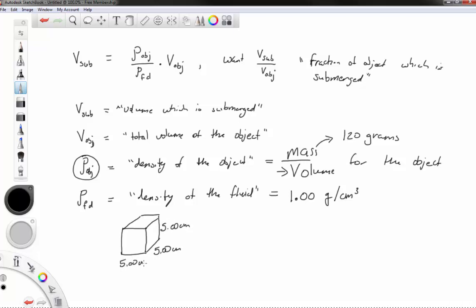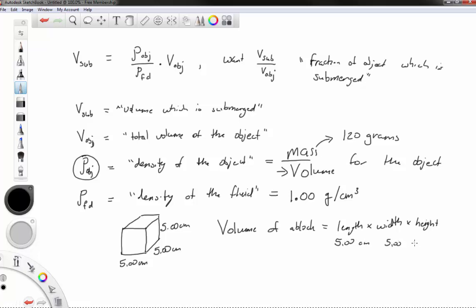So how do you get the volume of a block? Well, the volume V, we'll call it the volume of a block, is length times width times height. And so each of these things is 5.00 centimeters.